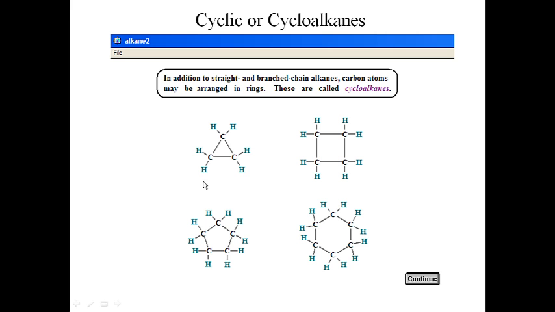So the name of this molecule with a 3 carbon chain would simply be cyclopropane. We have cyclobutane, cyclopentane, and finally cyclohexane.